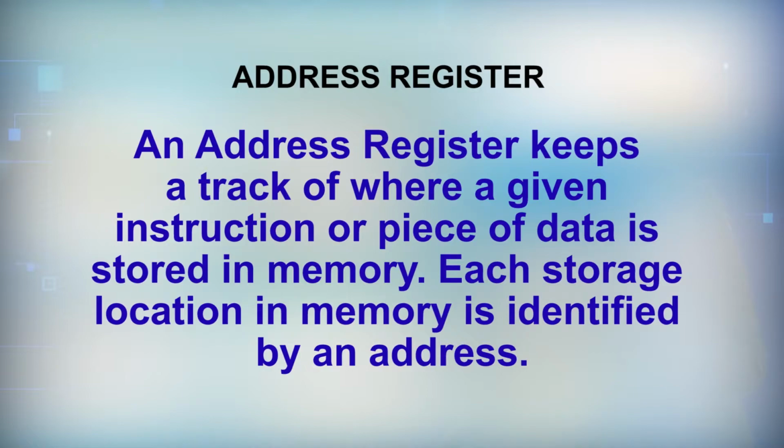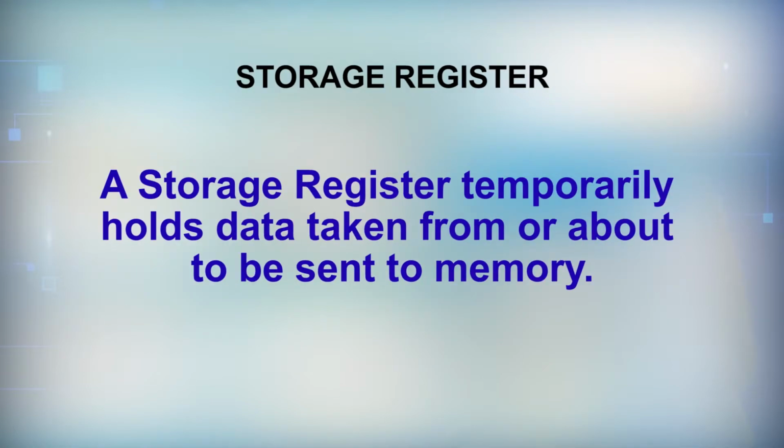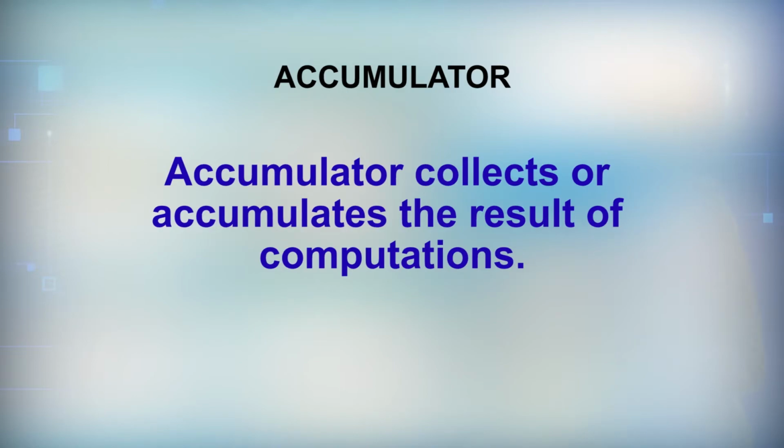Each storage location in memory is identified by an address, just like each house on the street has an address. A storage register temporarily holds data taken from or about to be sent to the memory. Then there is the accumulator, which collects or accumulates the results of computations.